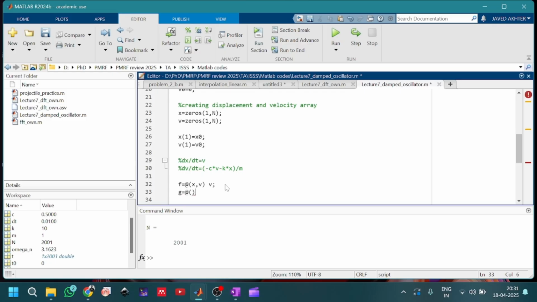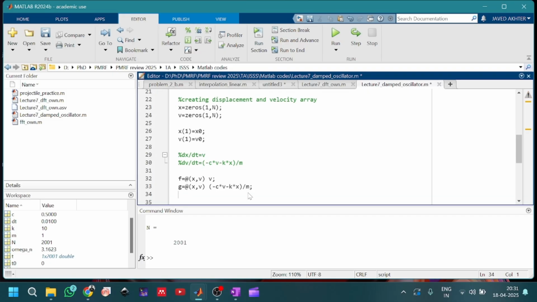So you have to specify v, and what is your function? It is basically minus kx minus cv, divided by m. So this is your function.